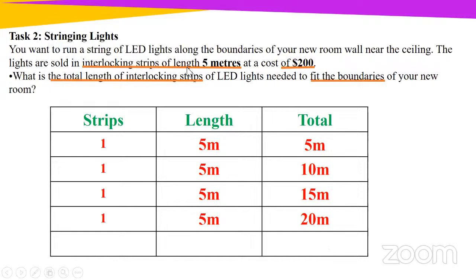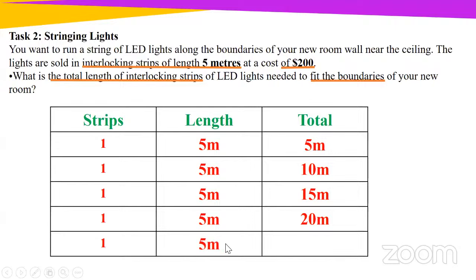However, what do we notice about our strips? They are sold in what? 5 meters. So can we go to 22 meters? No, miss. We will have to go to what? 20 meters. But if we go to 20 meters, would that be enough to cover our room? No, miss. We need another strip, right?